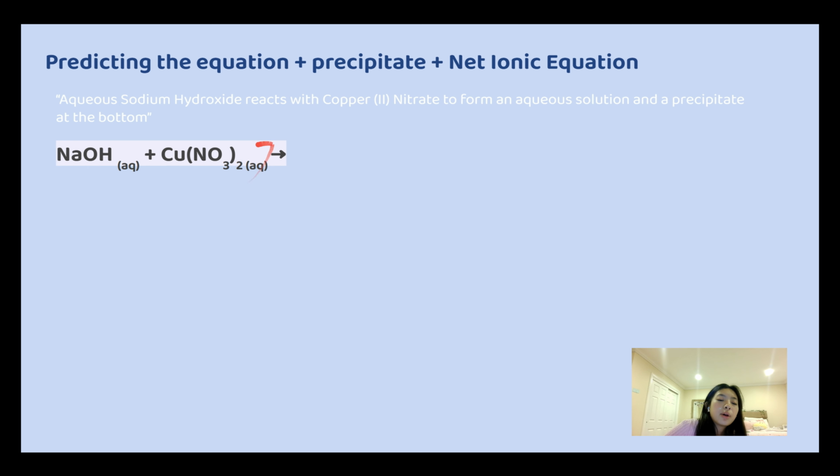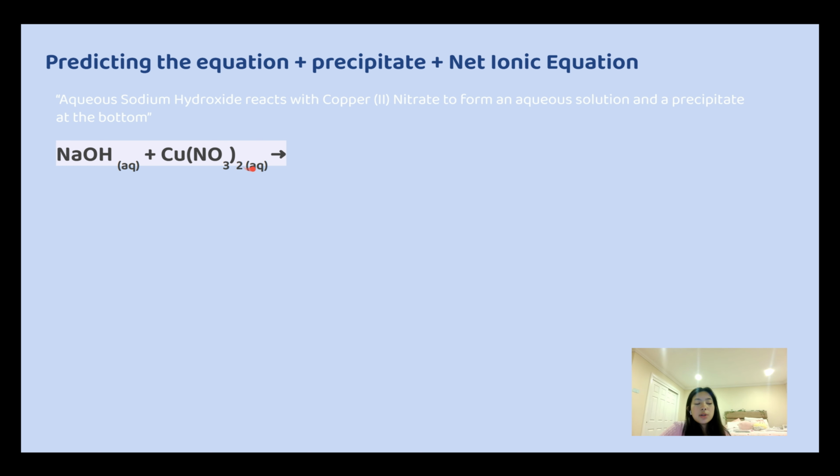So the reason why we put a subscript 2 outside of the parentheses is because your polyatomic ions always need to have parentheses around them when you're doing charges. You cannot put the 2 in front of the 3 because that's saying there's 6 oxygen and it's not distributing the 2 to the nitrogen.